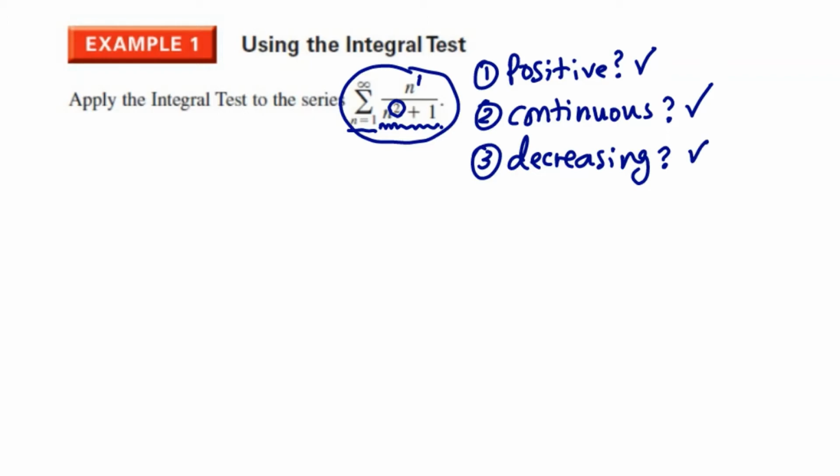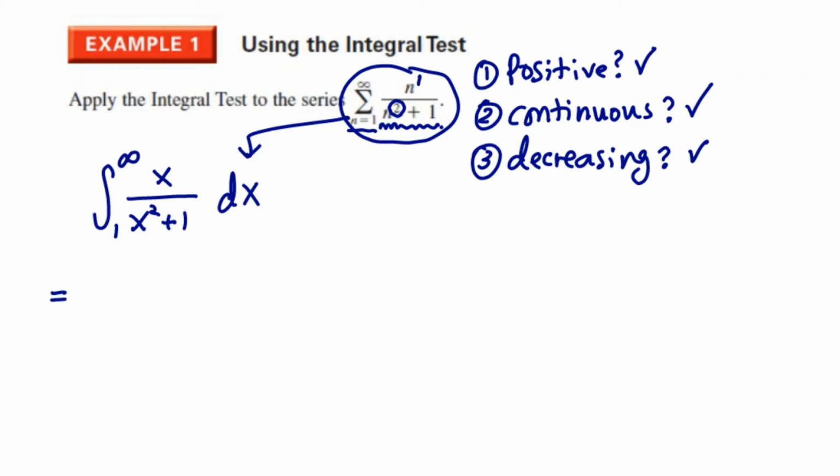So let's evaluate the integral. I'm going to write x instead of n: the integral of x over x squared plus 1 dx, from 1 to infinity. That's what we are going to evaluate. Actually, I'm supposed to write the limit as b goes to infinity of the integral from 1 to b.